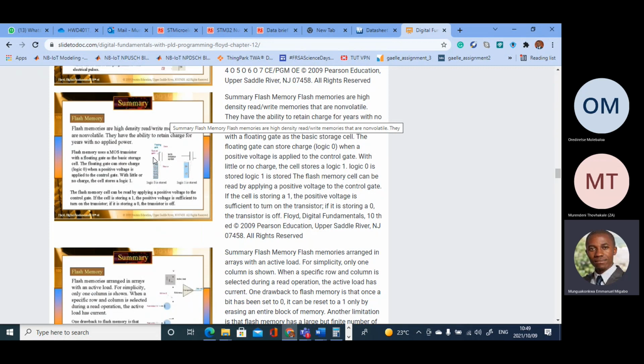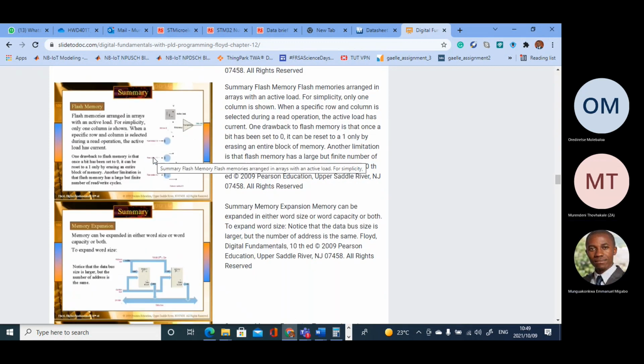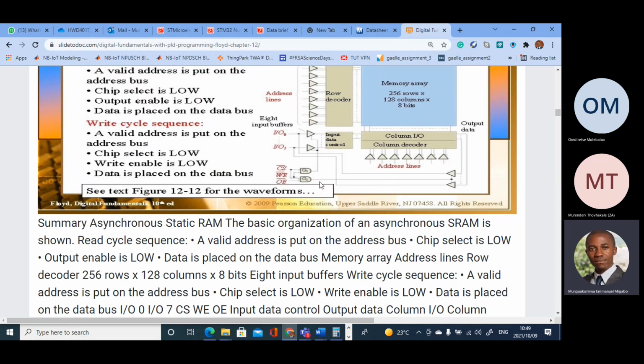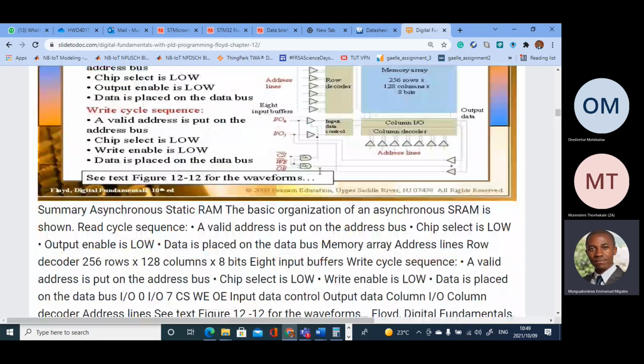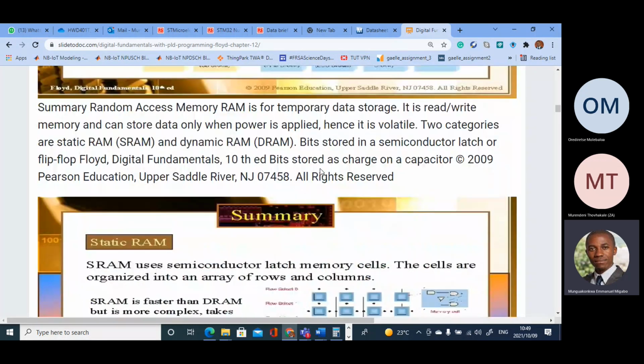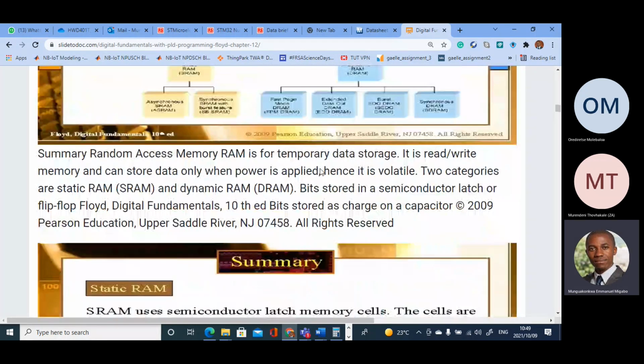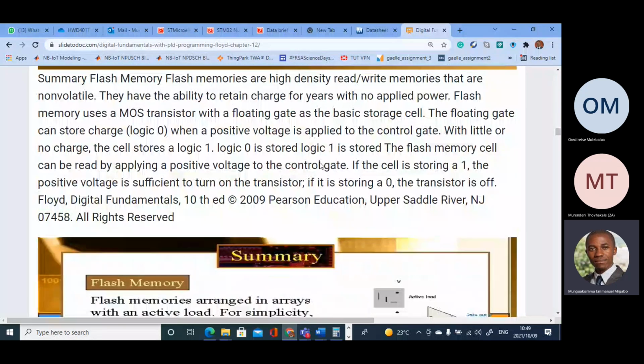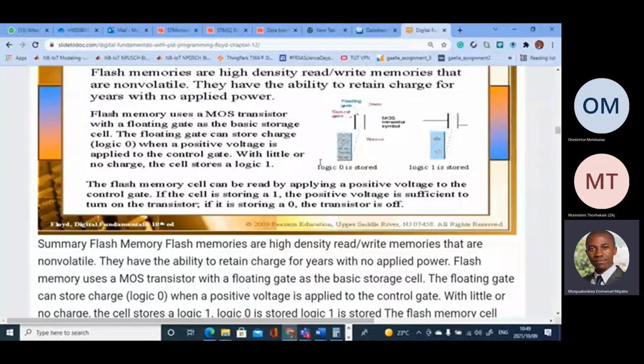Flash memories, yes. That's the principle of how we store a logic 1 and a logic 0 when it comes to ROM. So we've got a floating gate.